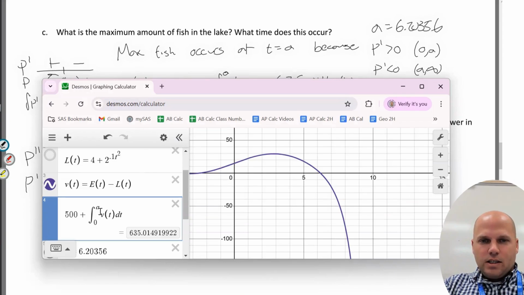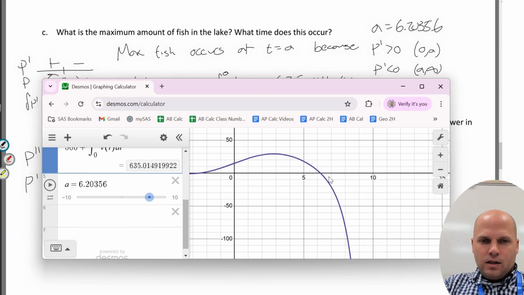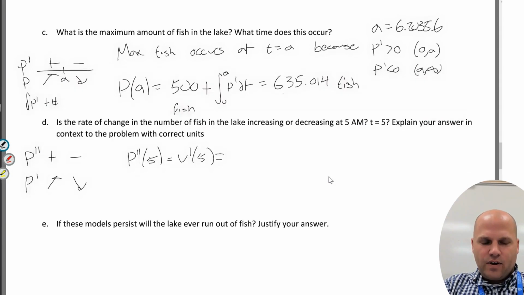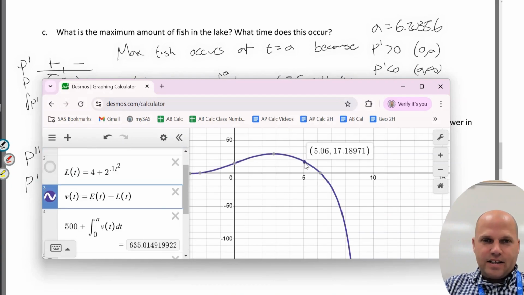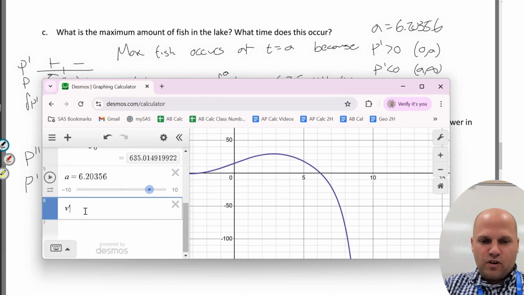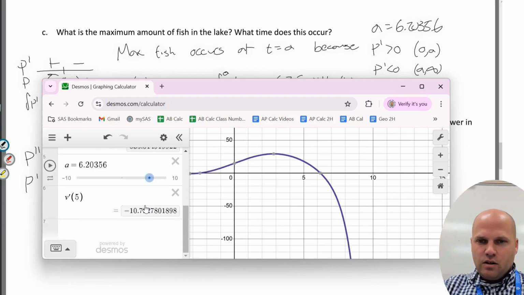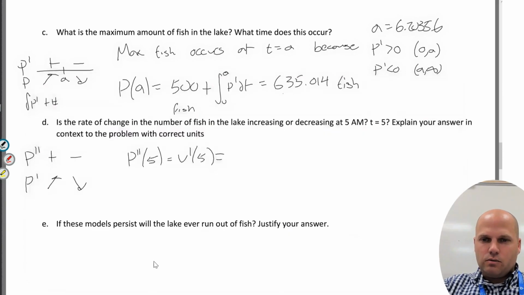I want to see at 5. I can see that the rate of change in the number of fish is decreasing. We want the specific value, so I'm going to do V prime of 5. That is the rate at which this is decreasing, negative 10.722.